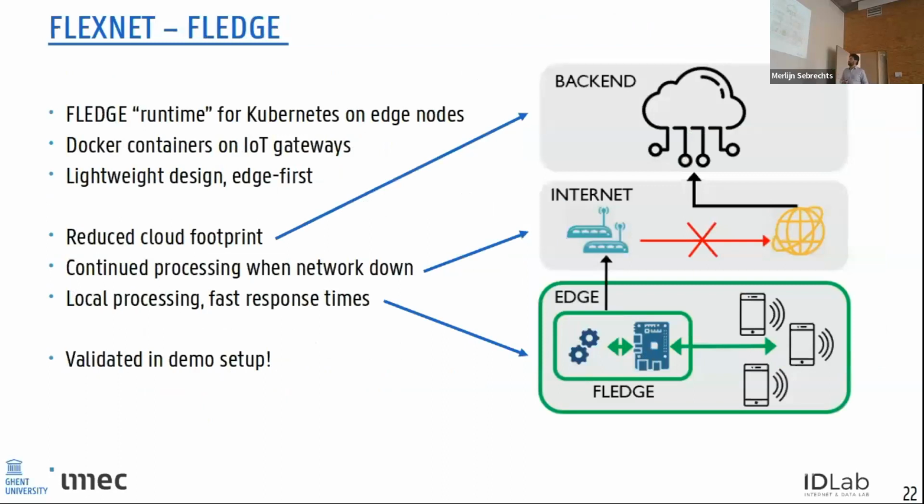So a couple of results from this project. Basically, we developed the Fledge runtime, which is an alternative agent for Kubernetes. We'll talk more about this in a while because it's grown very big by now. This is designed specifically for the edge, so we developed it specifically for the features we needed for FlexNet, tossing out all the rest of Kubernetes, and basically starting out from zero.